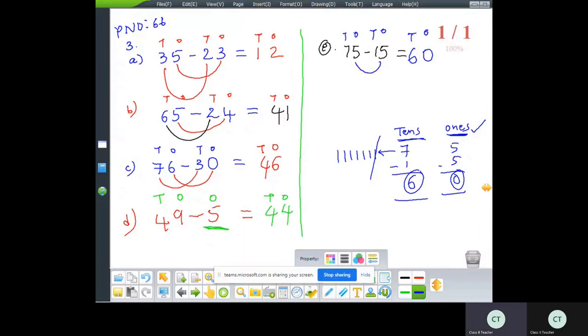Okay, children. Today we solved problems from page number 66. We have finished question number 2, and there are 2 more problems in question number 3. We will try these 2 problems as homework. After my class, I will send a worksheet through our school app.